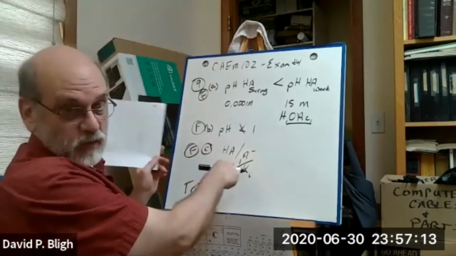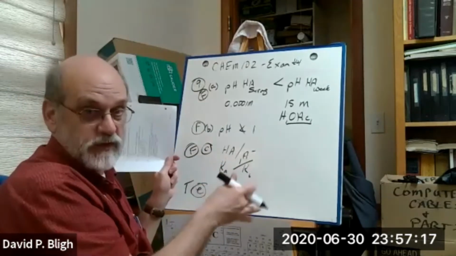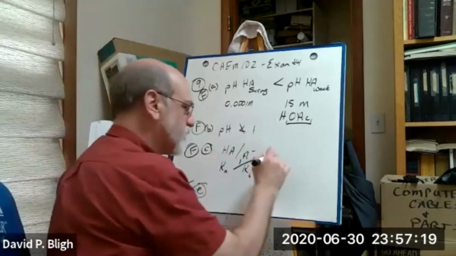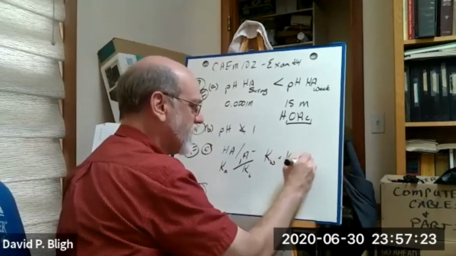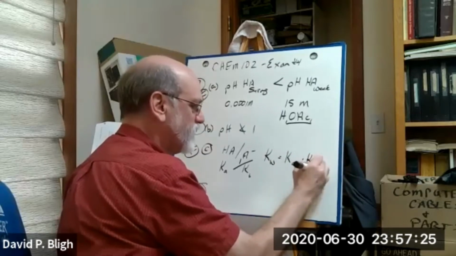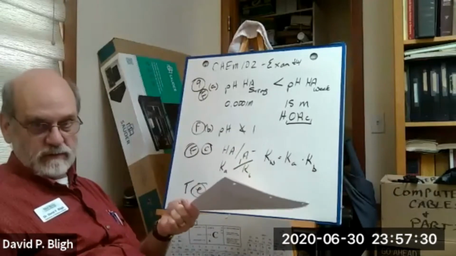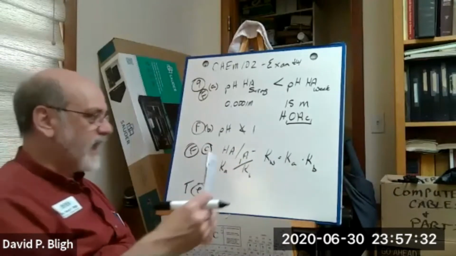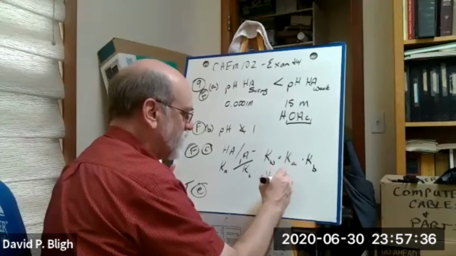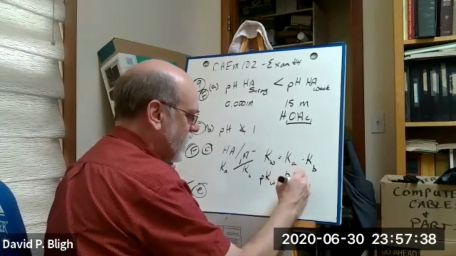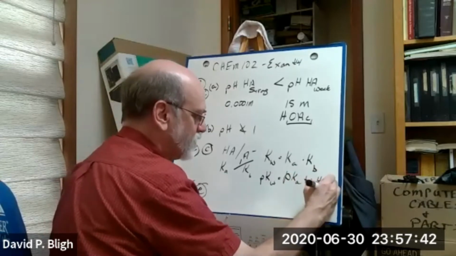But what is the actual way to calculate Ka from Kb or vice versa? The relationship is Kw equals Ka times Kb. And we proved that in lecture. Right? That's why pKw equals pKa plus pKb. Right?